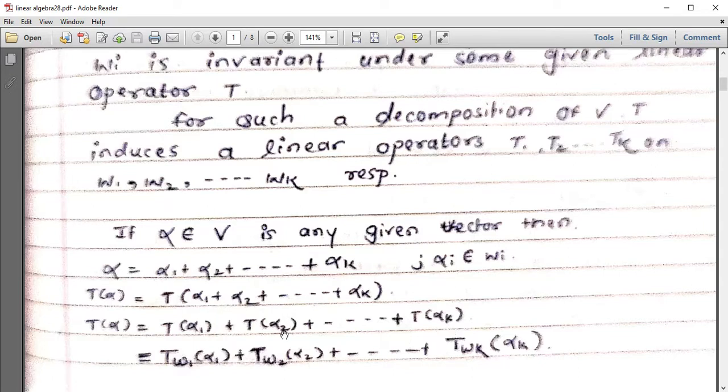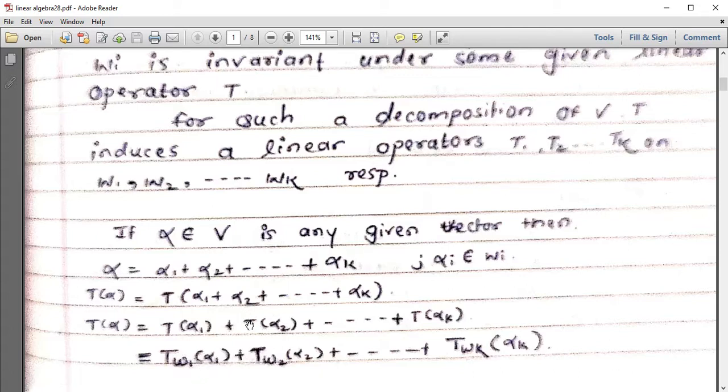Now look at this. T of alpha 1 belongs to W1, T of alpha 2 belongs to W2, T of alpha k belongs to Wk. But W1 is invariant under T. Hence T of alpha 1 belongs to W1, so instead of T we can write T of W1 of alpha 1.